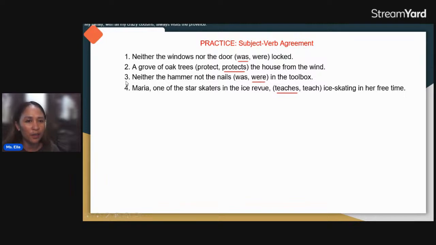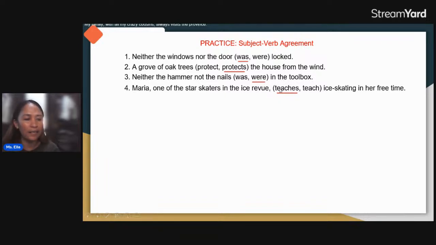Let's focus on our subject, Maria. If the sentence is like this, where there's a phrase between the subject and the verb, then we must focus on our subject, Maria. Since Maria is singular, we must take a singular verb, teaches.